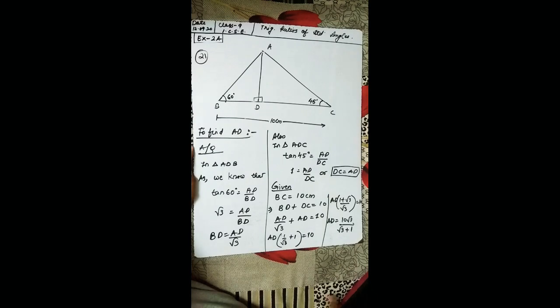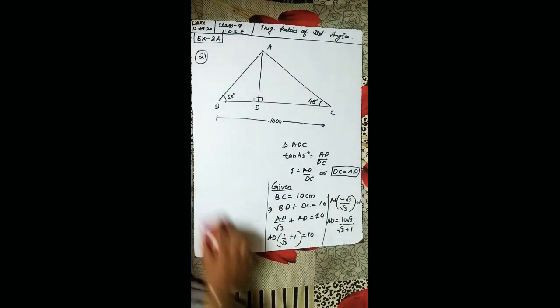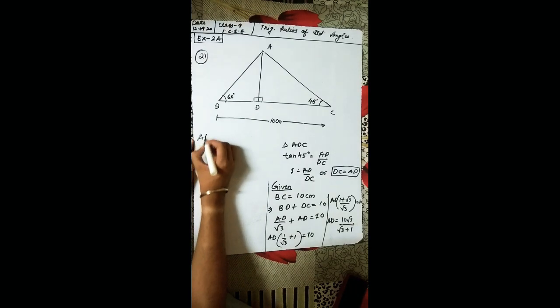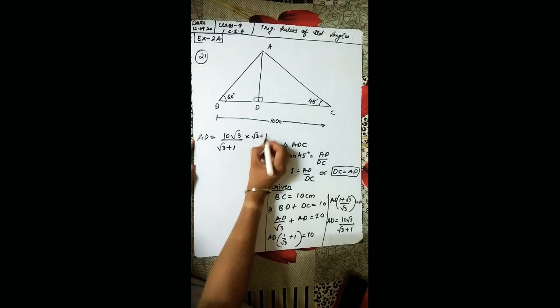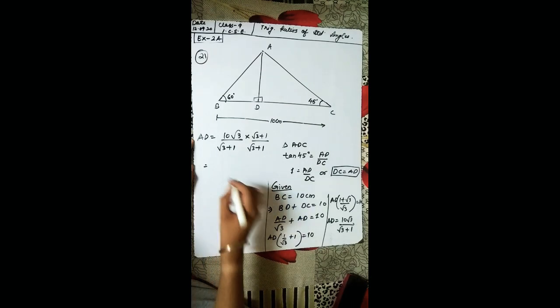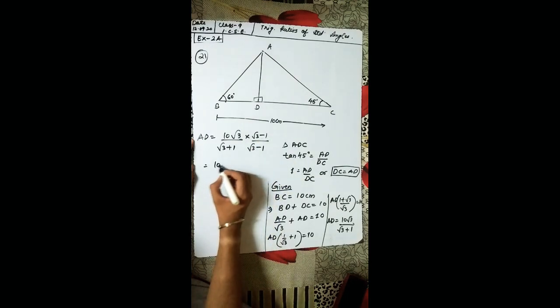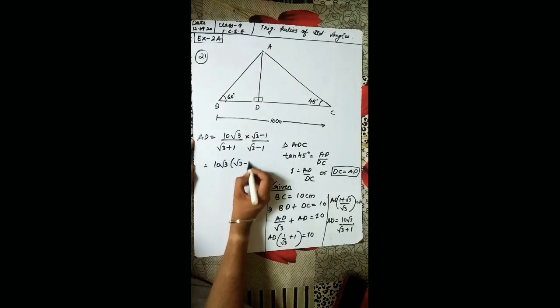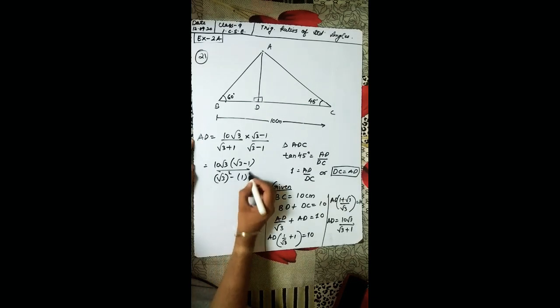This is not the appropriate answer. We need to rationalize the denominator. Okay, so how have they done it? Multiply with root 3 plus 1 upon root 3 plus 1, like that. So, in the numerator, and in the denominator it will be a square minus b square.